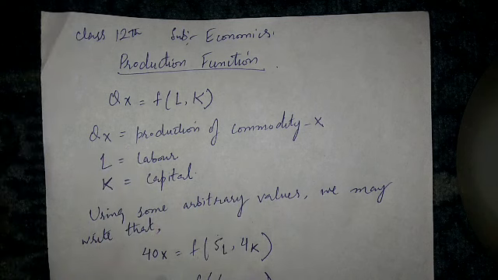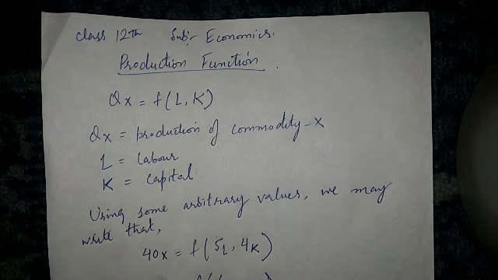You know, the output needs inputs, and land, labor and capital are well-known common inputs for the production of goods and services. As a producer, you would always be interested to know how much labor and capital and other inputs are required to produce a given quantity of a commodity.